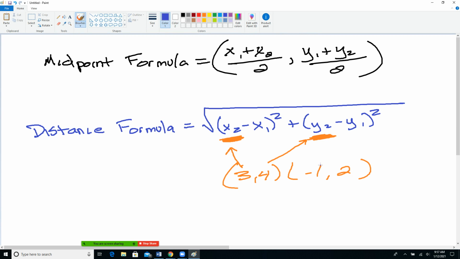Or if I choose to use the negative 1 here, then I have to use the 2 right here. So just remember that which one is x2 doesn't matter, except that you have to use the same ones at the beginning of each.